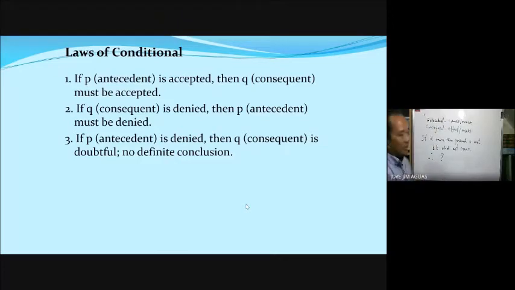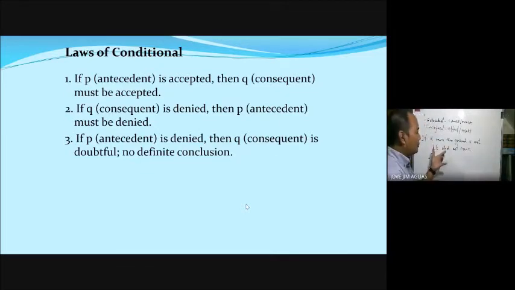Because in an argument like this, when you say this is the antecedent and this is the consequent, you are not saying that this is the only cause or reason. This is just one of the reasons for the effect to happen. So if you say, if it rains, then the ground is wet, it means that rain is one of the causes or reasons for the ground to be wet.